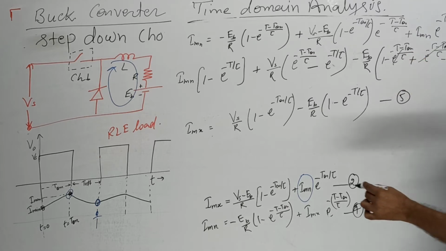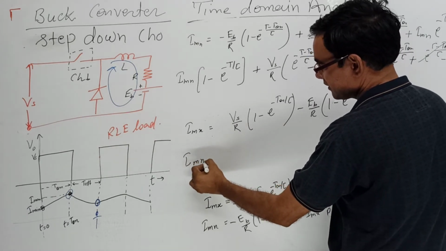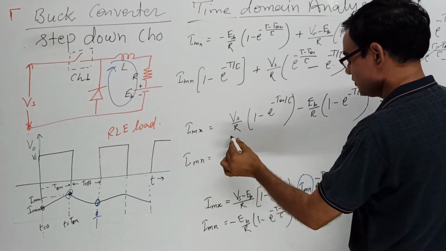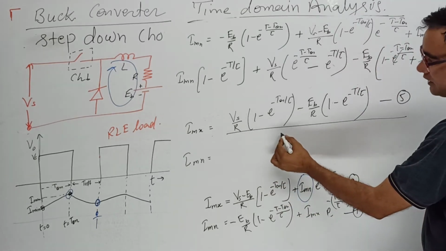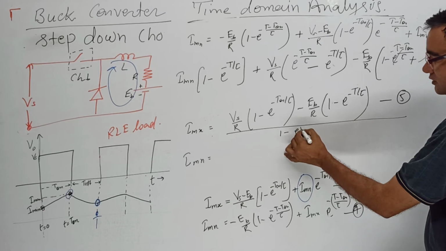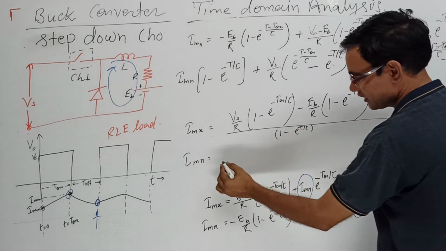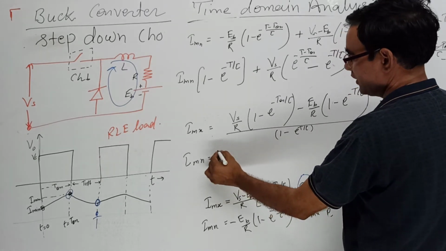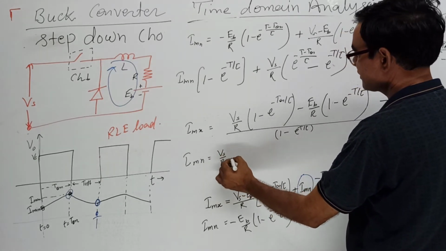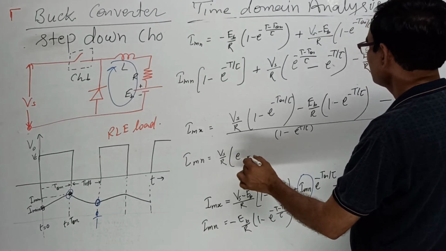So the equation becomes Imin is equal to Vs divided by R, 1 minus e raised to power minus t by tau, divided by... and it is also Vs divided by R, e raised to power t by tau.